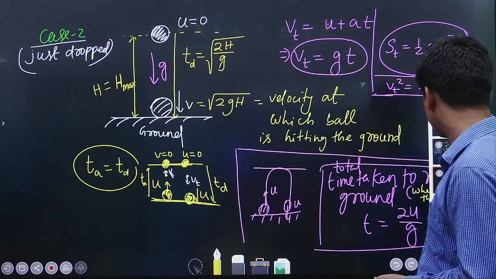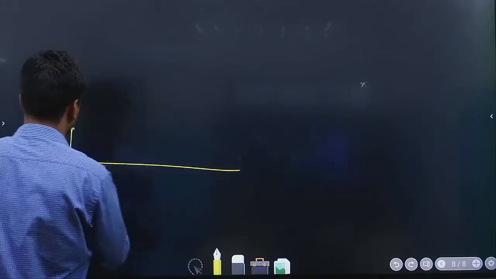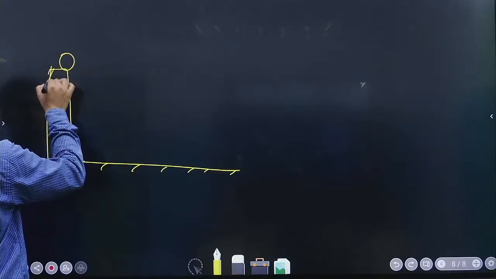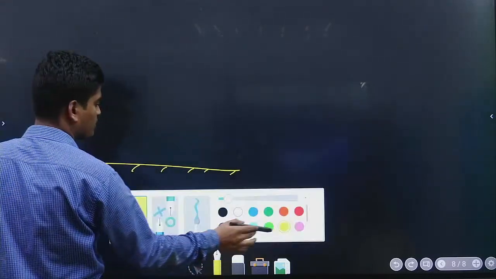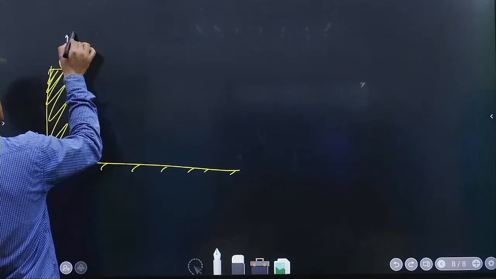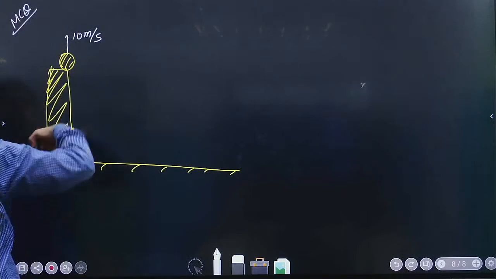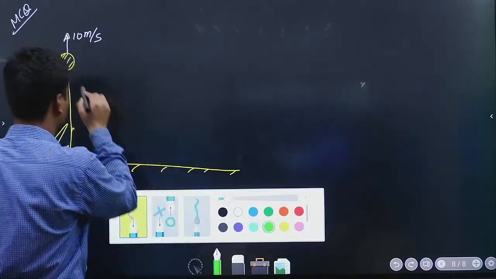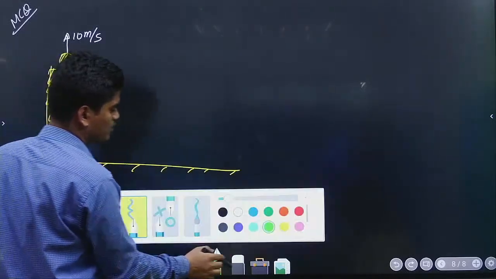Okay, now come to the next slide. Here I have a tower. In this tower I have one object O, or ball, whatever. Now I am throwing this object with 10 meter per second vertically upward. The height of the tower is 40 meter.